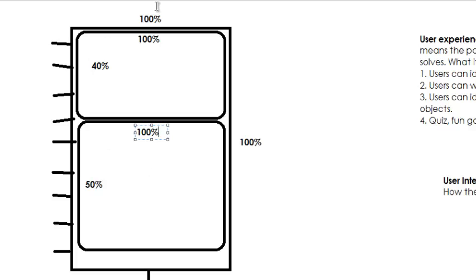Good. Then I want to add the home bar, the one that will take people back. The height here is 10%, and the width is 100%. So you can see 40, 50, 10 will give us a total of 100. This one is 100, this one is 100, this one is 100.